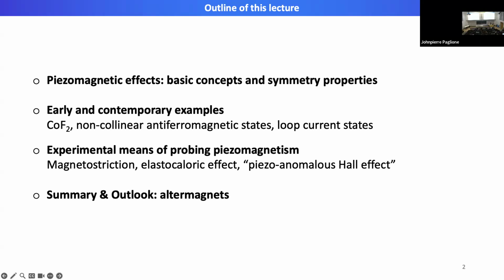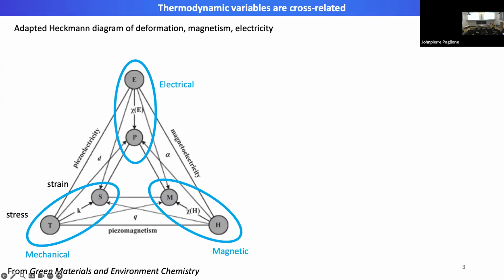Okay. So first of all, from the name piezomagnetism, you might have already guessed that it's related to both the mechanical and magnetic properties of our material. In order to put this in a broader context, I'm showing you this so-called modified Heckmann diagram. This diagram is intended to show the relations between the different thermodynamic variables coming from different properties of the material.